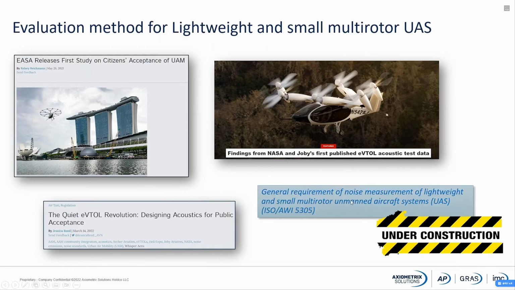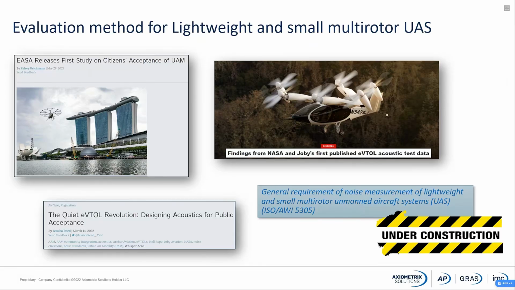So there is a new standard coming up, called the General Requirement of Noise Measurement of Lightweight and Small Multi-Rotor Unmanned Aircraft System, UAS, which is an ISO standard, and it is a working group called 5305. You can go on the internet and see the status, but off the top of my head, it has been out for commenting to all the member states, and they are working on the second or third draft right now.